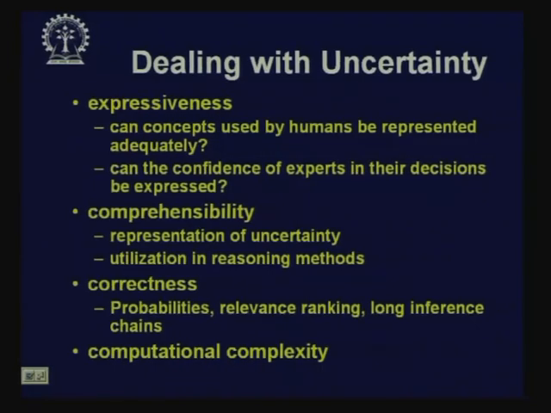In the earlier lecture we had talked about different sources of uncertainty. We are looking at the same issues, but presented in a different way. One issue is expressiveness. We have to deal with uncertain situations because of our inherent limitation of expressing very concretely some of the facts that we deal with.